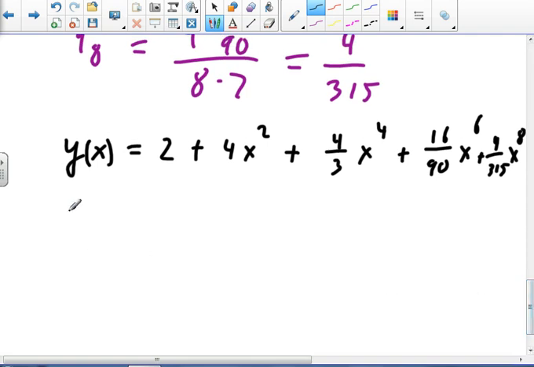Okay, I'm checking my initial condition. y at 0 is supposed to be 2. It is 2. Check. My initial condition is right.